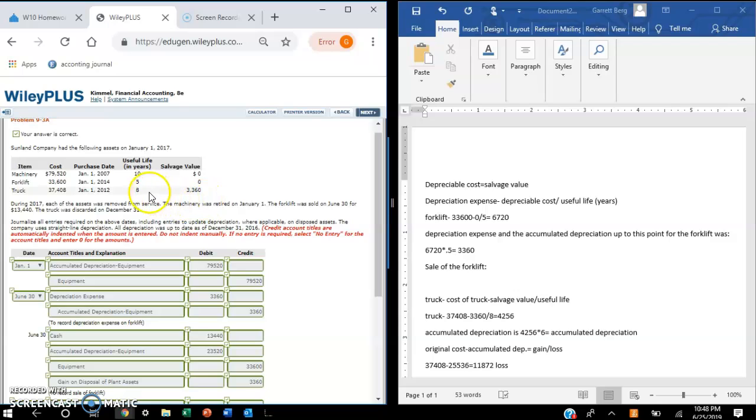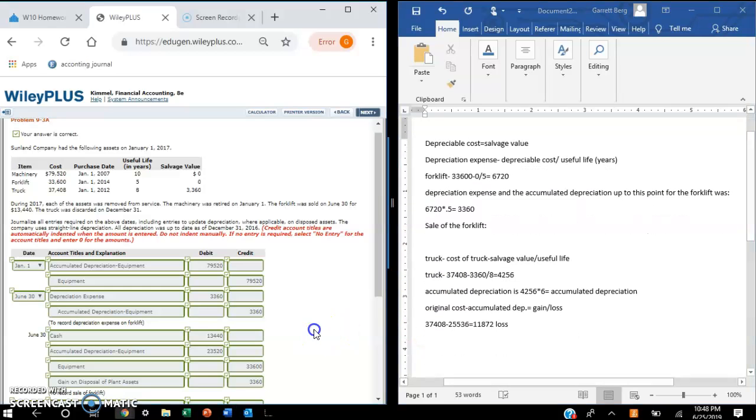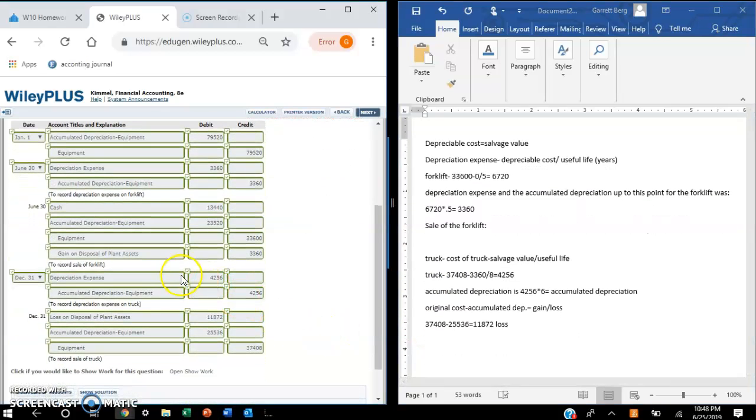It has a useful life of 8 years. Like I said, I'm not good at the whole demonstrating thing. We divide that by 8, and we get 4,256. So 4,256 is the depreciation expense. We debit it, and we credit the accumulated depreciation of the equipment for 4,256. It was a full year because it was discarded in December.